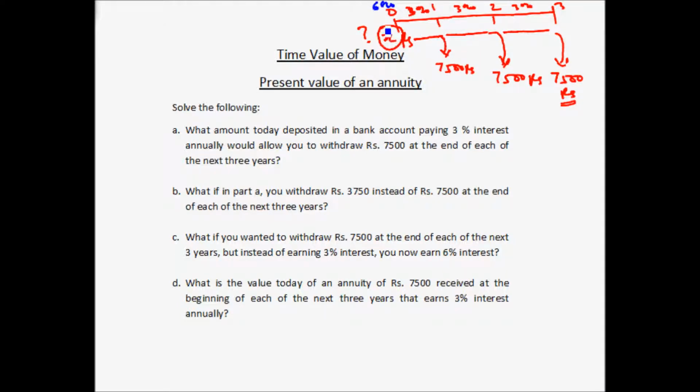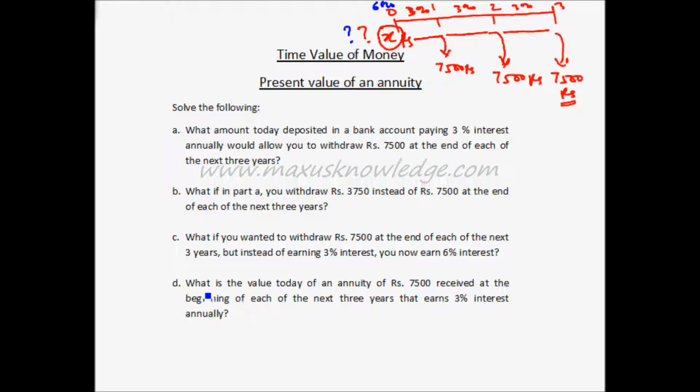So in that case, how much should this X rupees be? The withdrawal amount is the same, the interest earned is more, so definitely we have to deposit lesser amount if we are earning more interest rate. So we have to find the actual value of X in that case.